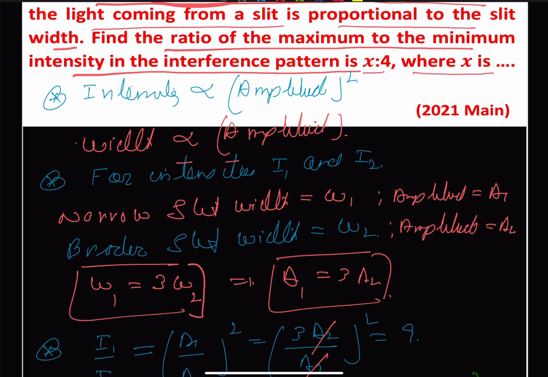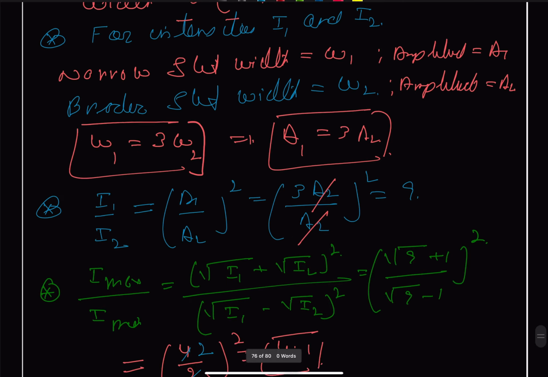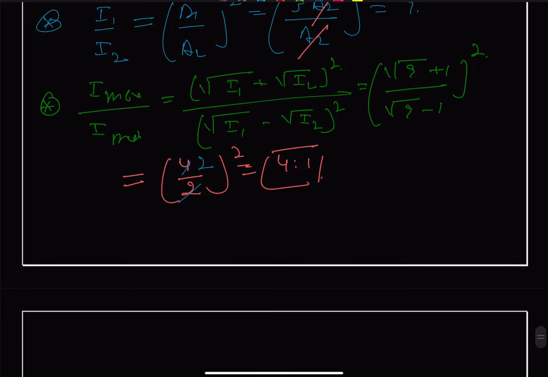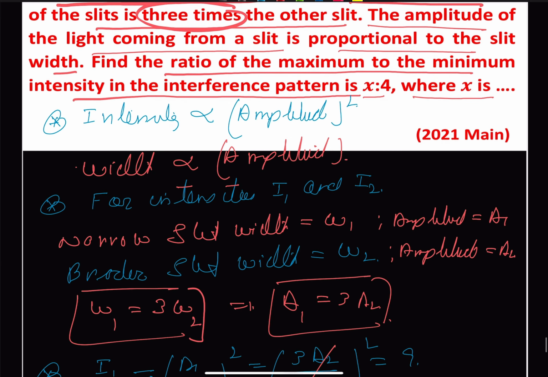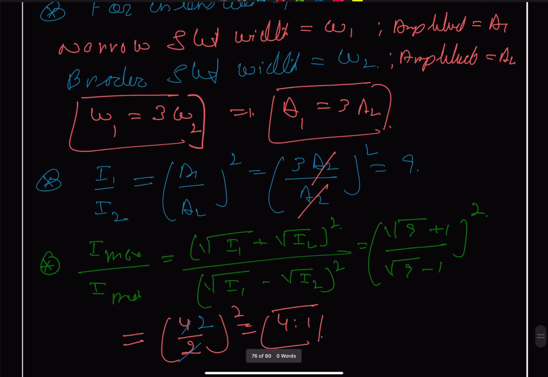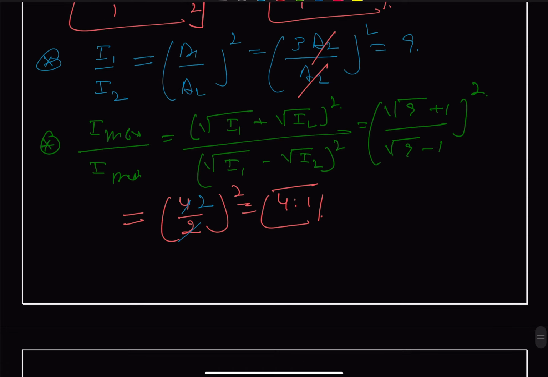Maximum to minimum is x:4. That doesn't look right. The question says find the ratio of maximum to minimum. I think it should be reverse, minimum to maximum. Otherwise it won't match.